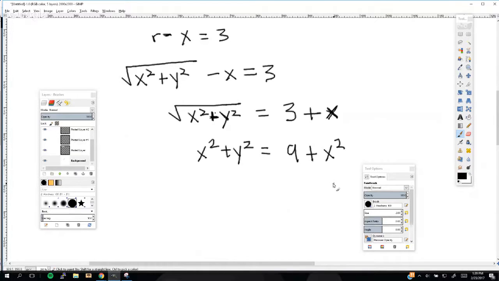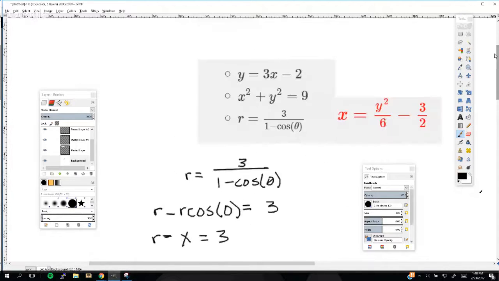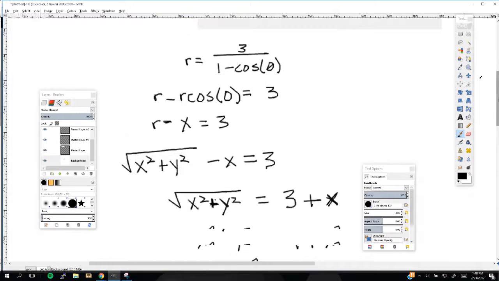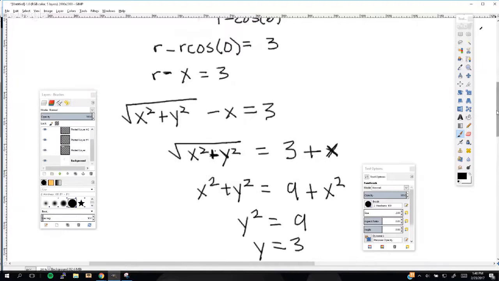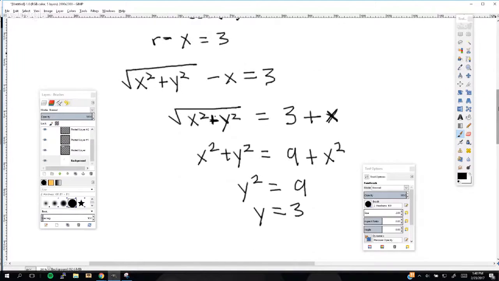This still isn't feeling right because in the end you would end up with y squared equals 9, and you get y equals 3. Because you have to keep the y squared. Something went wrong at some point.